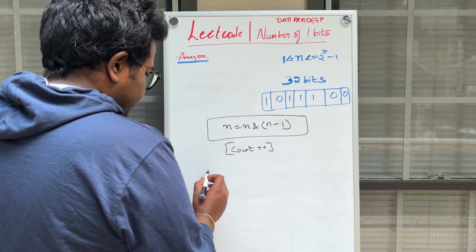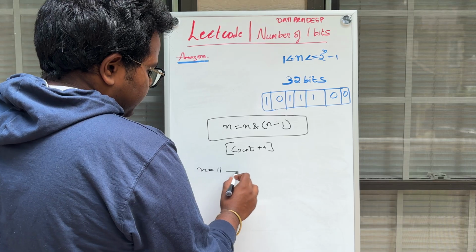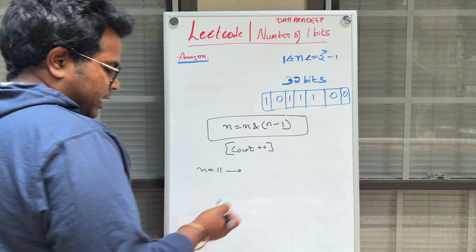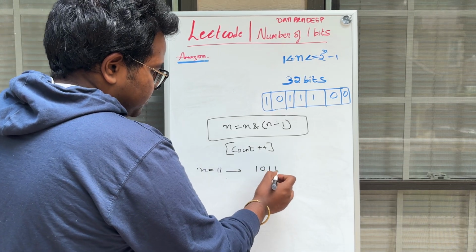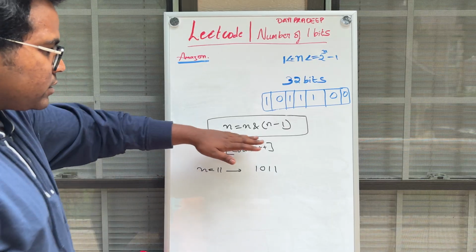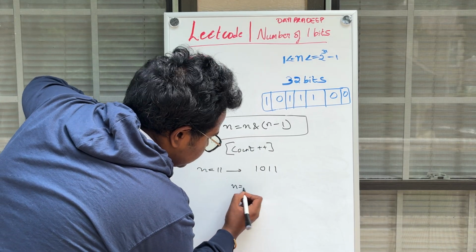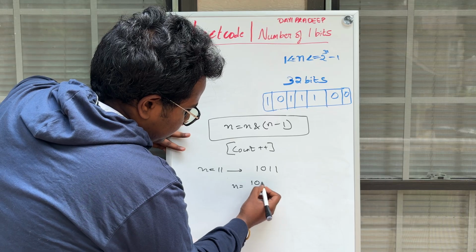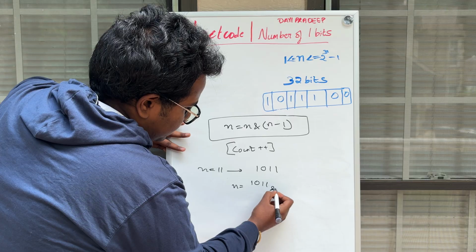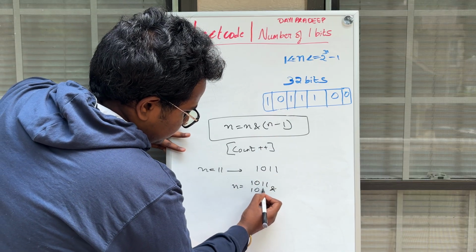Suppose, like I said in the previous example, let us take the previous example, which is nothing but 1011. So here n is 1011, and n minus 1 is 1010.